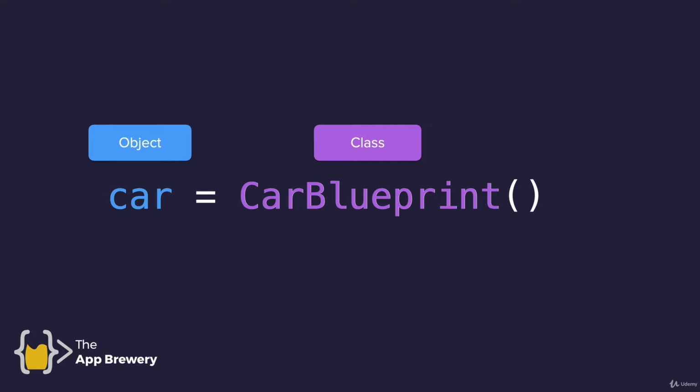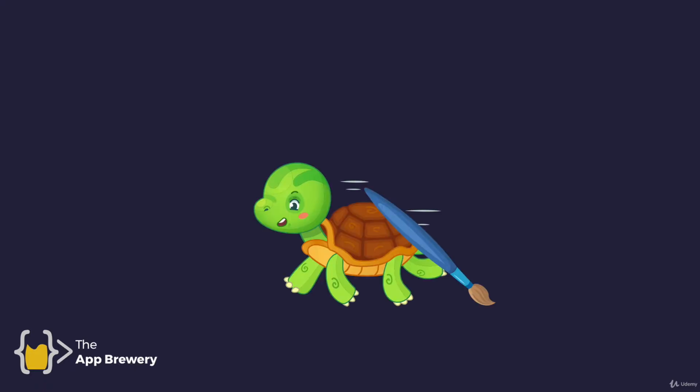Now, in order for us to practice this and to see it in action, we're going to be using a library of code that somebody else has created. And what it allows us to do is to finally start putting graphics onto the screen. The premise is really simple. Let's say that somebody somewhere has created a blueprint for a turtle.